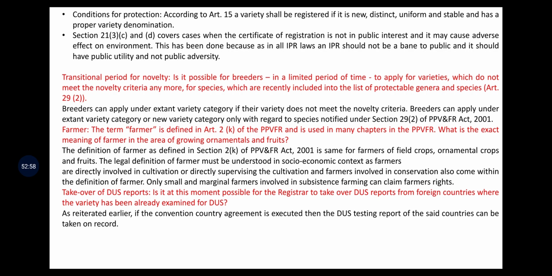Takeover of DUS reports. Is it at this moment possible for the registrar to take over a DUS report from foreign countries where the variety has already been examined for DUS? As given here, if the convention country agreement is executed, then the DUS testing report of the said countries can be taken on record.